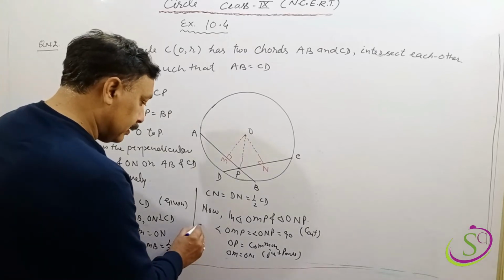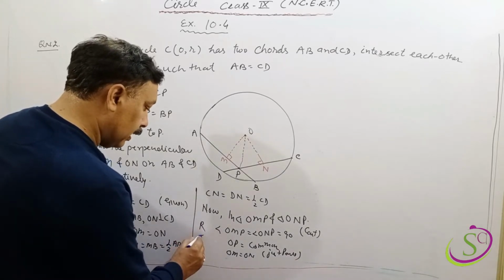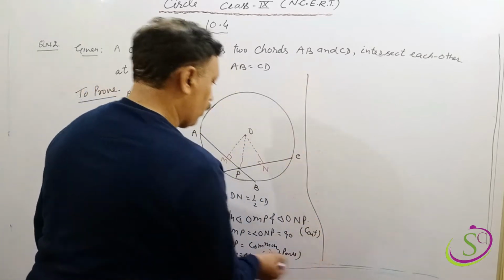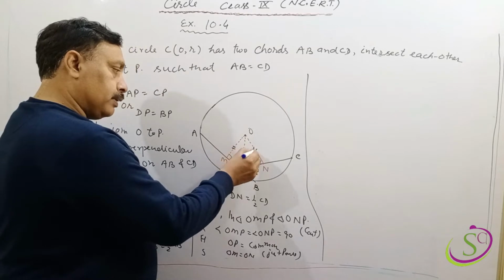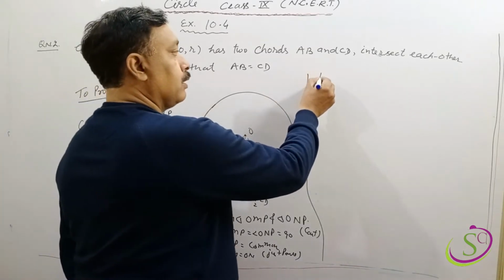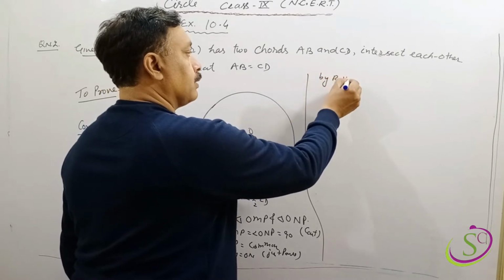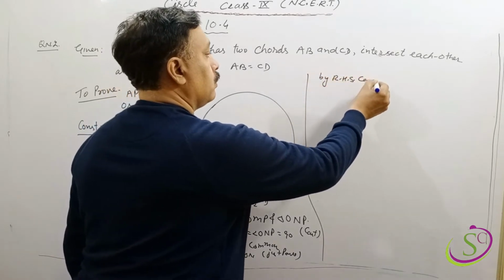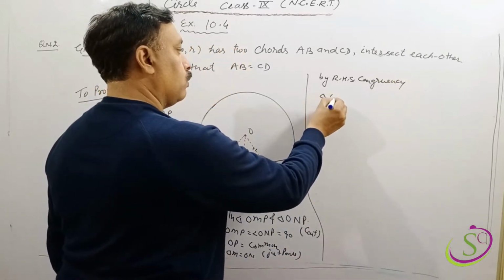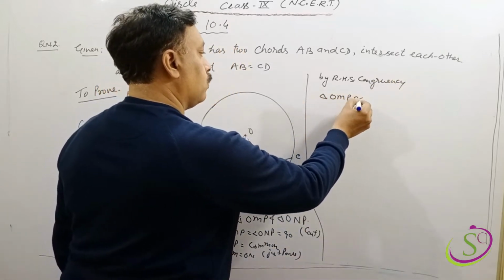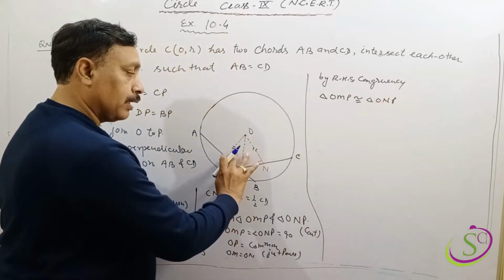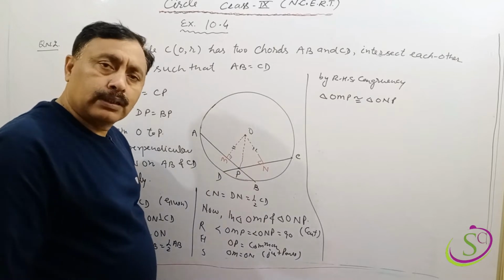Here this is the right angle, that is the hypotenuse and this is a side. So this equal to this, this common, and this is the right angle. So by RHS congruency, triangle OMP is congruent to triangle ONP. Means these two triangles are congruent to each other.